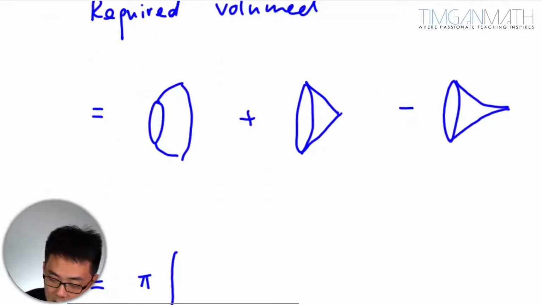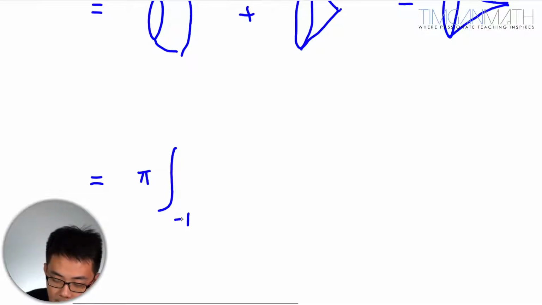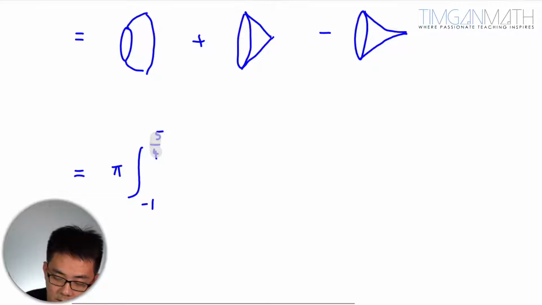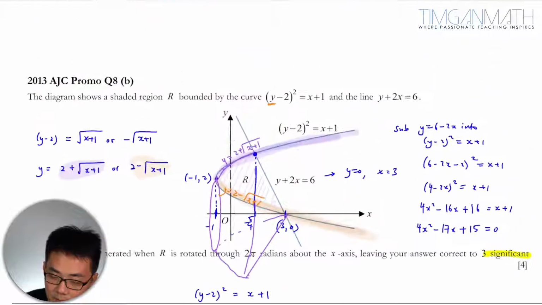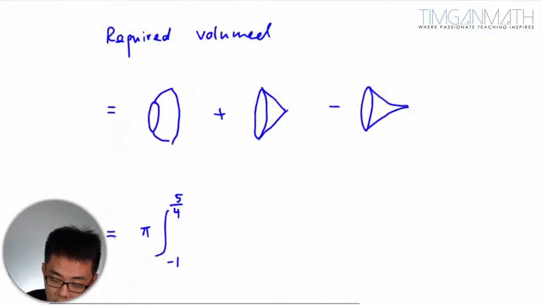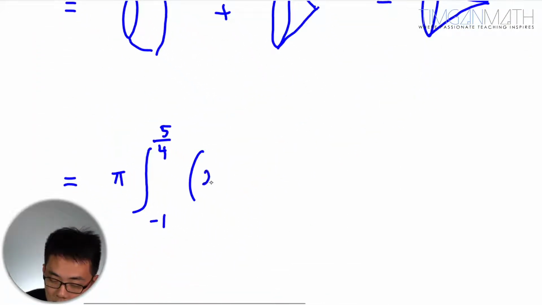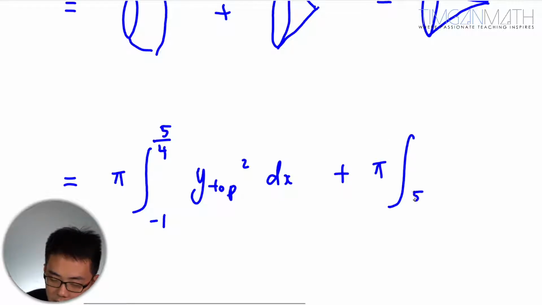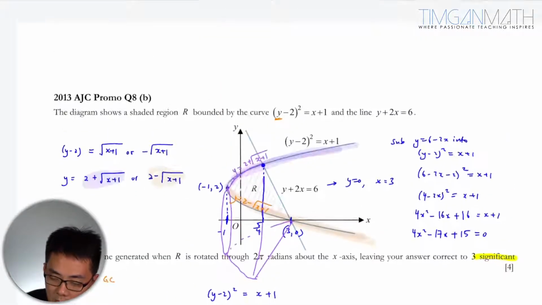So this is negative 1 to 5 over 4, and this gives us y squared. So 2 plus, maybe I put this as y top, square dx, plus pi, this is 5 over 4, the y bottom here.